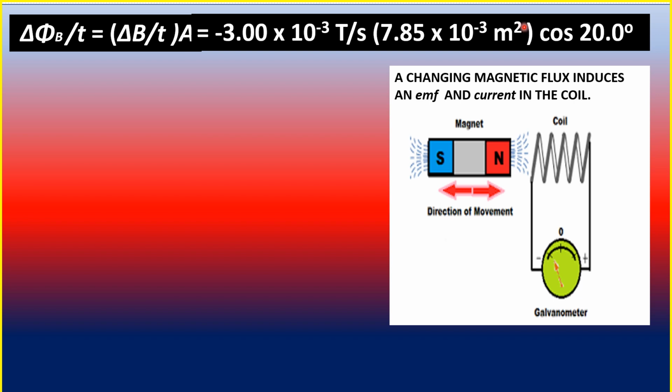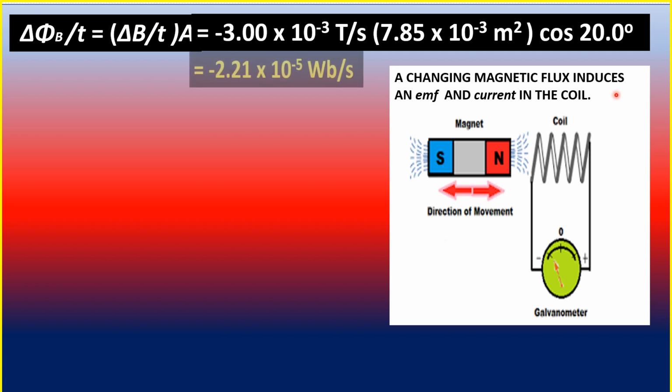All right? And the area vector A and the magnetic field happen to have an angle of 20 degrees from the positive z direction. So this delta B over t multiplied by A still has to be multiplied by the cosine of 20.0 degrees.